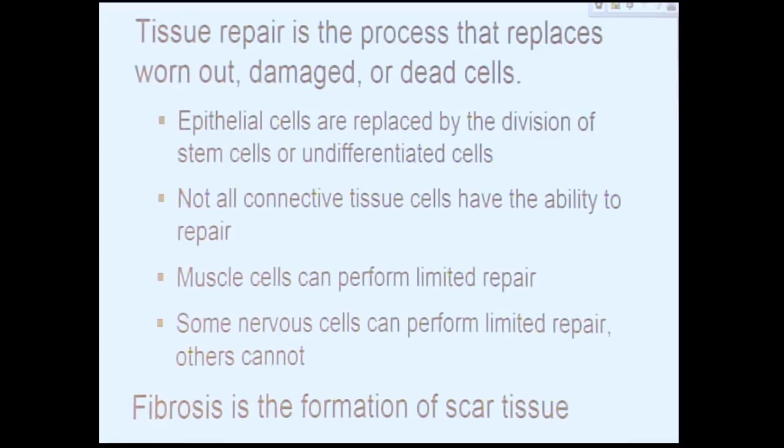The way you replace them is to have stem cells divide, and those stem cells make a bunch of new cells that can replace the dead cells, the ones that got scraped off your skin, or you ate a piece of chip and didn't chew it and it scraped a million cells off your esophagus. You just make some new ones. It's okay. It's no big deal.